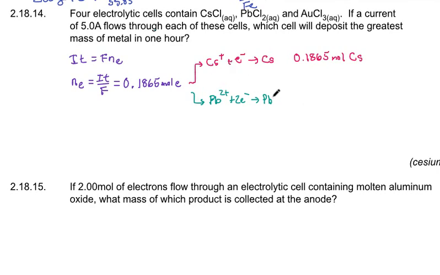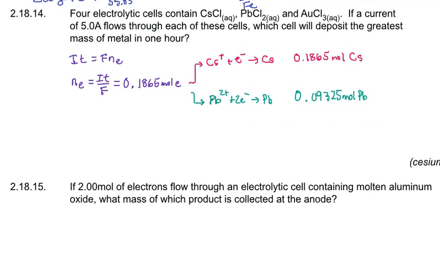It's 1 lead for every 2 electrons, so times 1/2. 0.1865 times 1/2, we're only going to get 0.09325 moles of lead. The step I should have shown is this times 1 lead for every 2 electrons. If I had done this, I never would have slipped. So, learn from me, don't shortcut. Be careful right there. So that's our moles of lead.